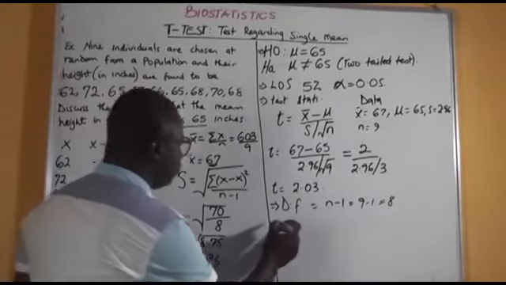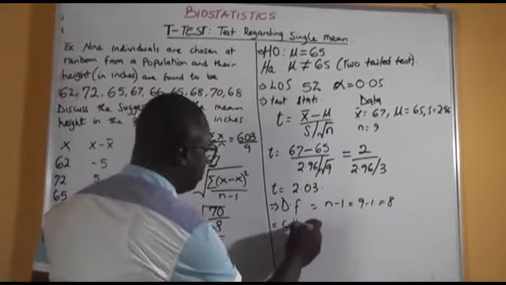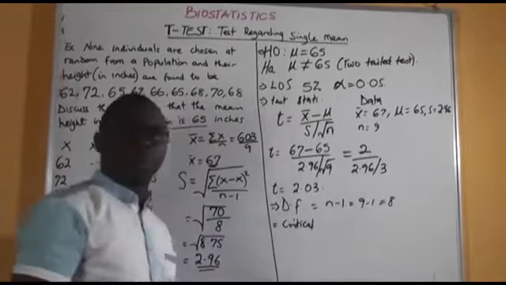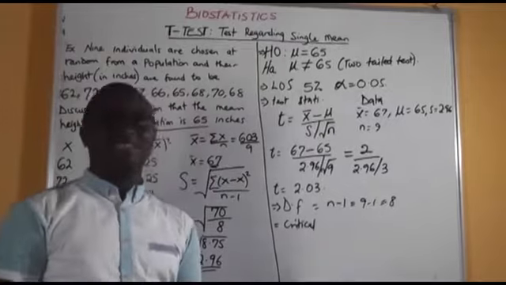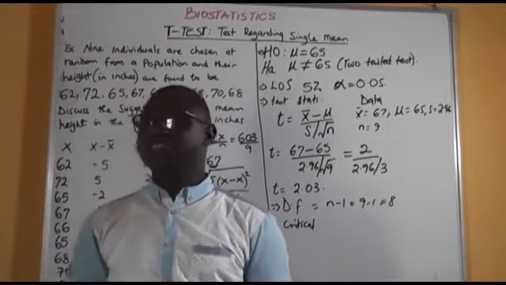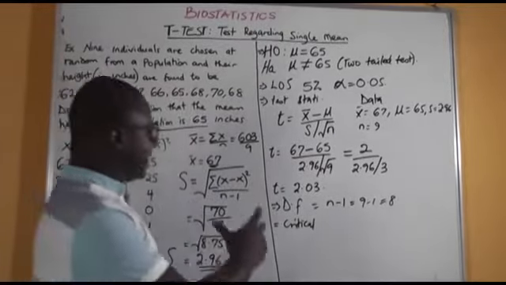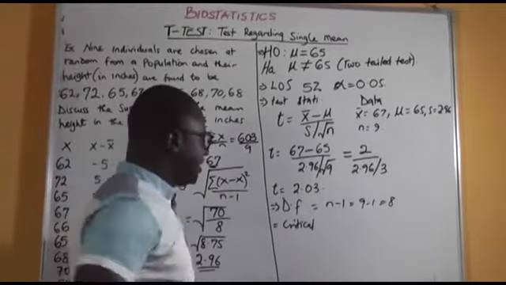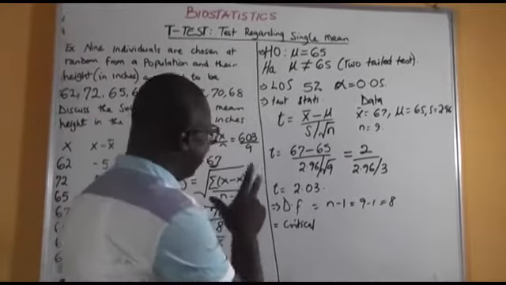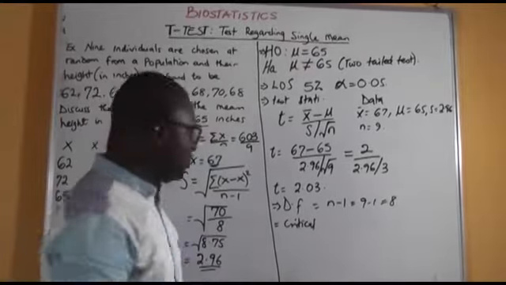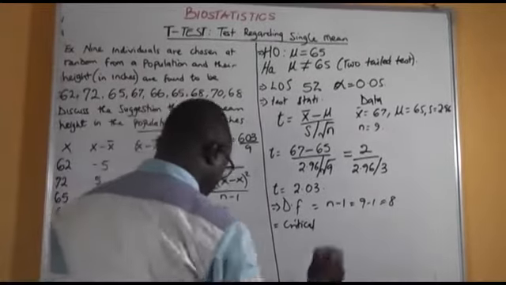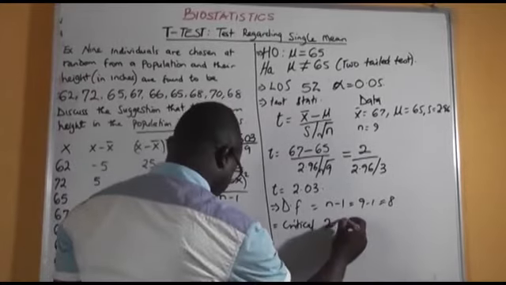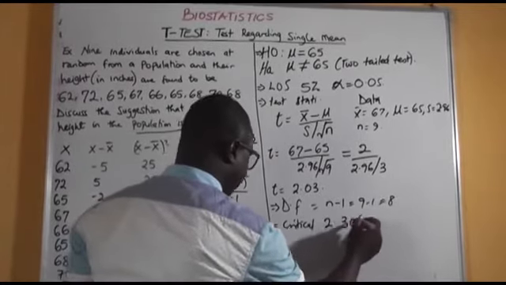The next step for hypothesis testing is we check for the critical value. We use the t-distribution table to check that. And when you check the t-distribution, you are going to get 2.306.